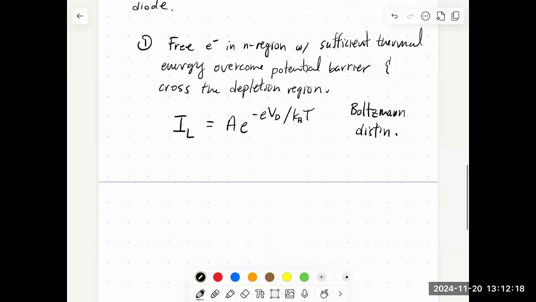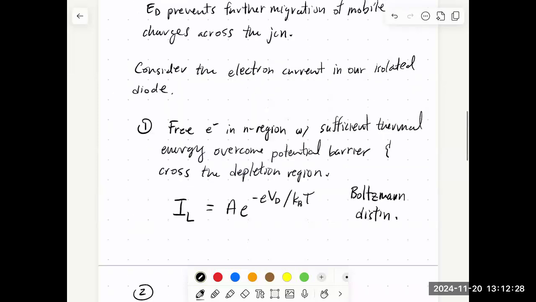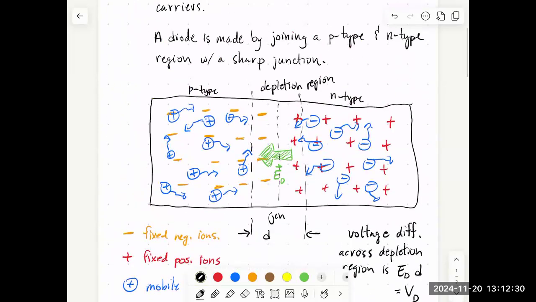Okay, so that's one contribution to this so-called electron current. But there's going to be a second contribution. Remember, we had majority charge carriers and minority charge carriers. These mobile electrons and holes are the majority charge carriers.